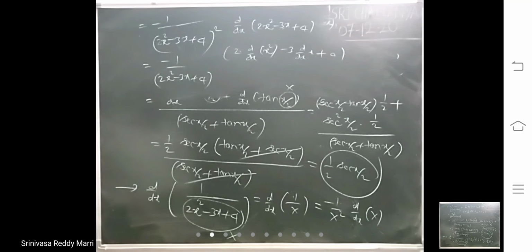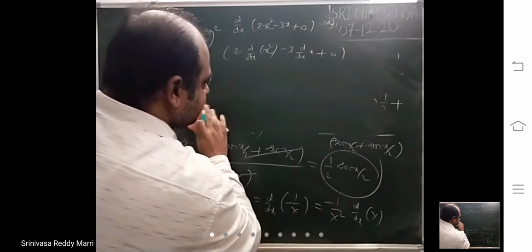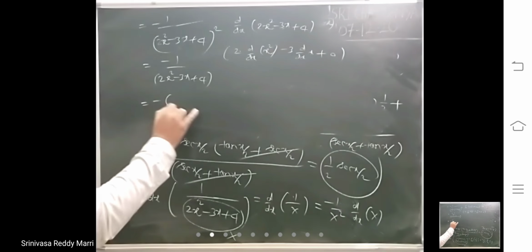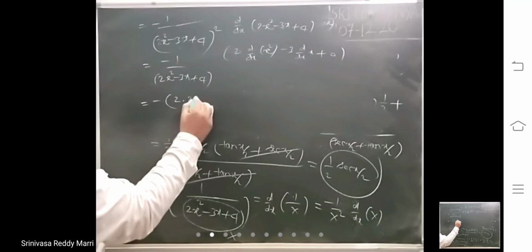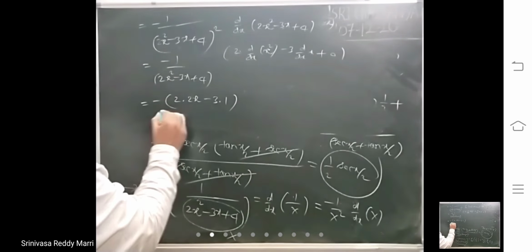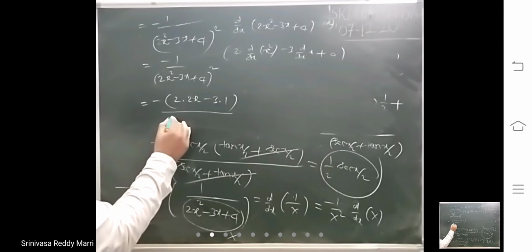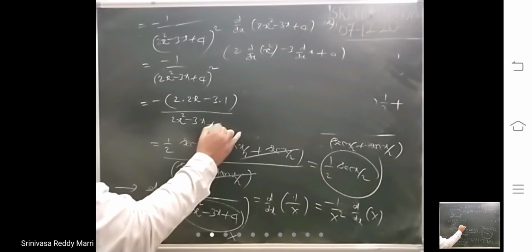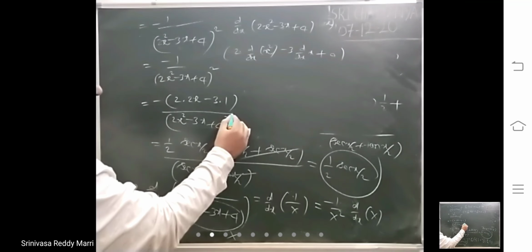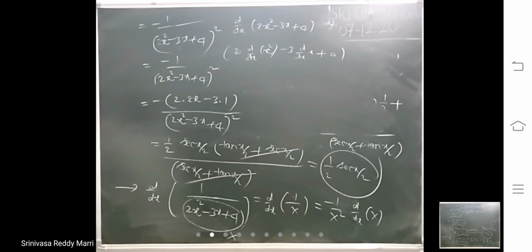Derivative of constant is 0. That means what you will get as the answer? Minus of 2 into 2x minus 3 into 1 divided by 2x square minus 3x plus 4 whole square. That is the answer.